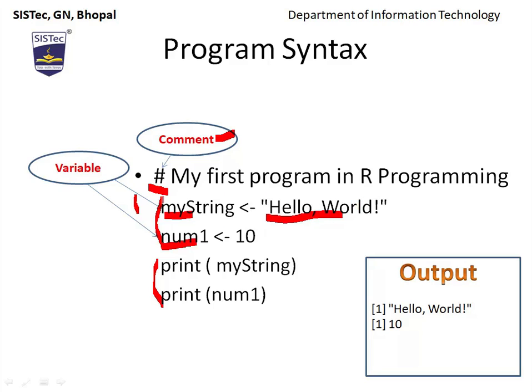It's automatically identified that myString is a string type variable. In the second variable I use a number 10. It means it can easily identify that this variable contains a numeric value. Simply, I can print both the values, myString and num1, and here you can see the output. Whatever I wrote in myString is printed as it is, and whatever I stored in num1 is also printed as it is.